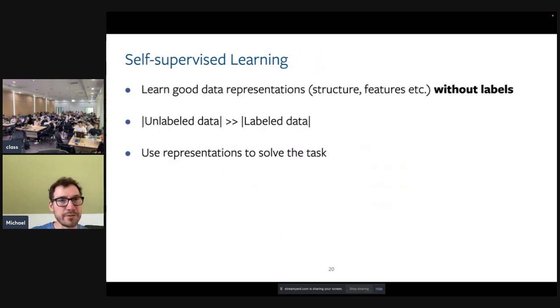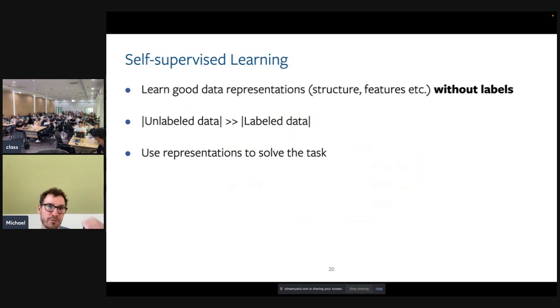So this contrasts to self-supervised learning, where the idea is to learn a lot about the problem or data that we're trying to handle, rather, without labels. And in the case of speech, what we would do is look at a lot of speech audio, the waveform, and try to learn good representations of that.